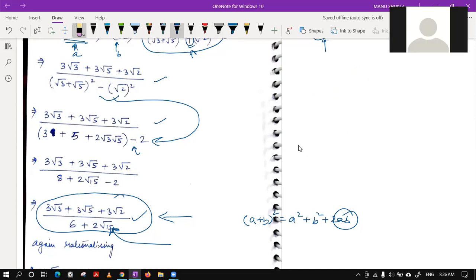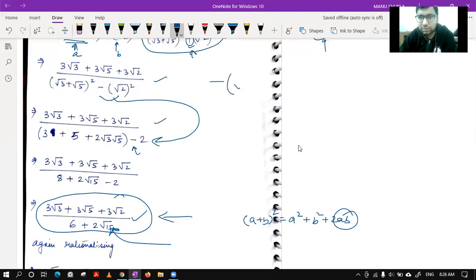See, suppose there are two instances. One is minus root 2 square and the second is this one. Are they both the same? Please tell me. Please confirm.